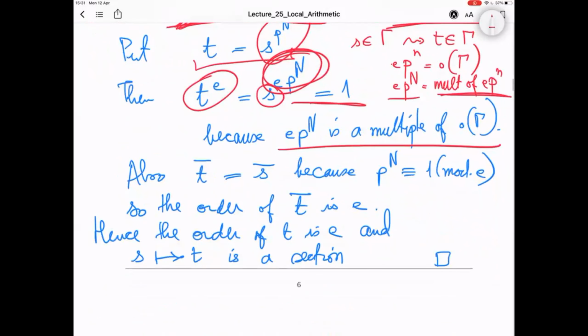How about T bar? What is it equal to? T bar is the image in G, which is gamma modulo C, right?